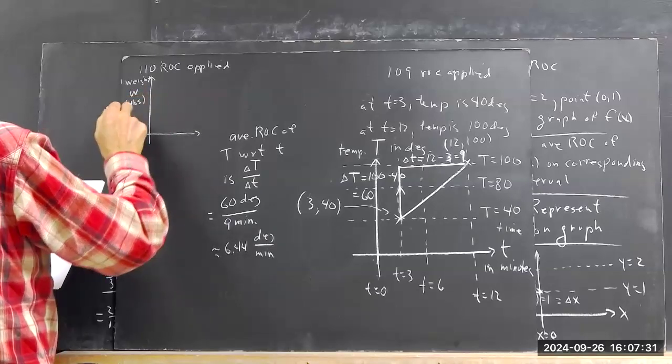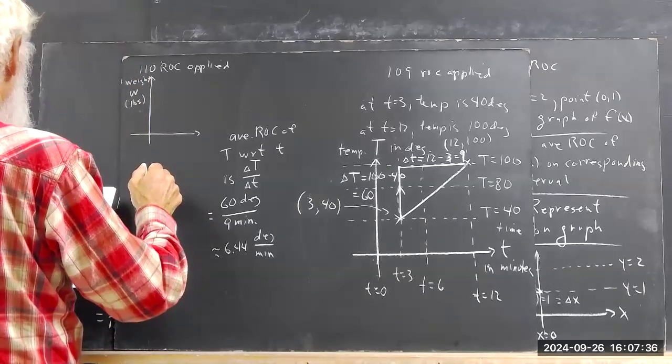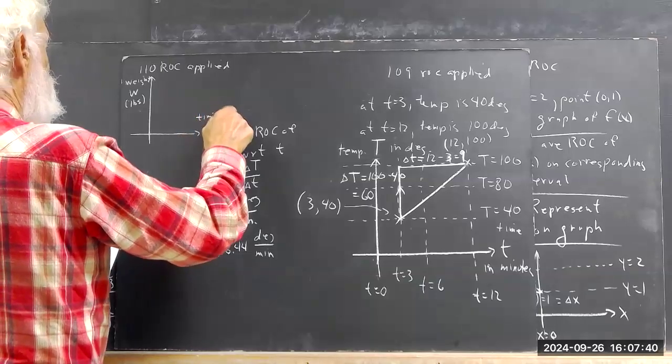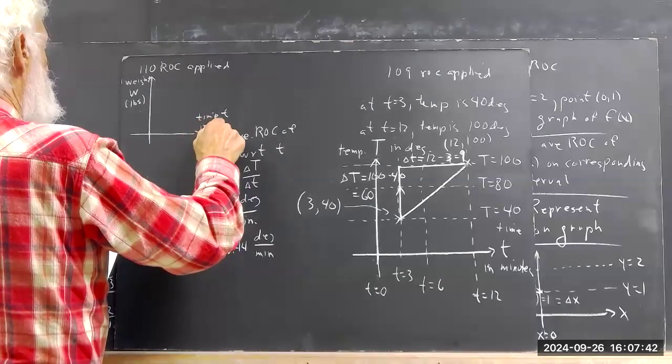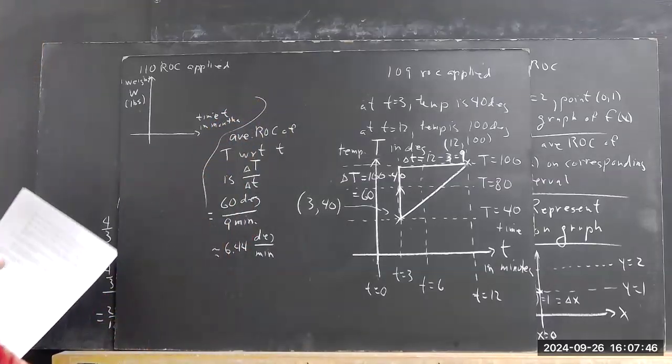Now use the LB. That's your vertical axis. Your horizontal axis is time, T in months. Okay, kind of small.